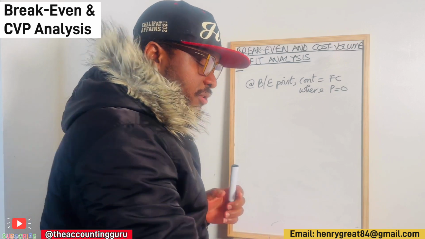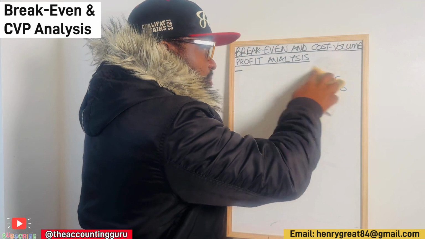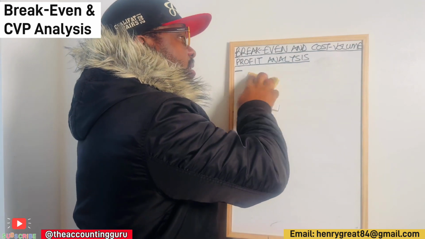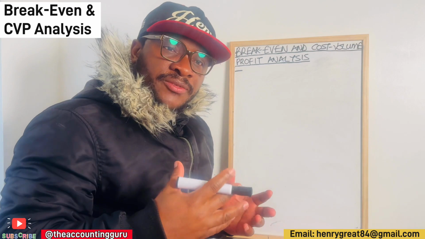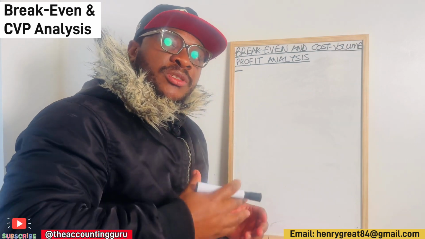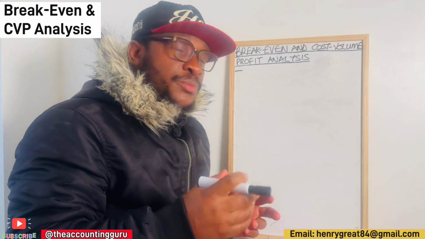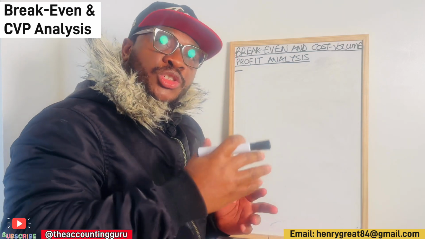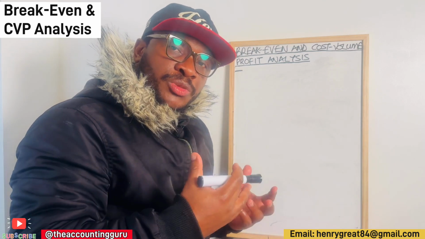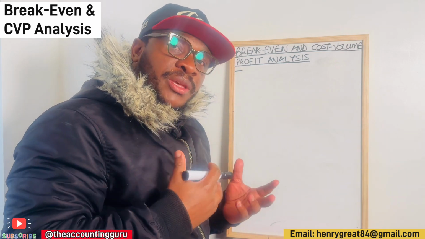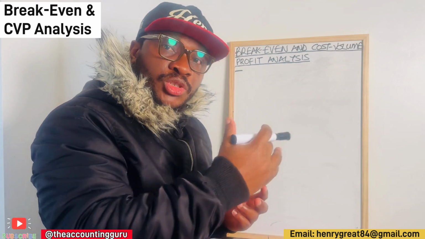Good. So in this video, we shall continue from where we stopped, and what we are looking at here would be the responsiveness or behavior of sales revenue, contribution, and variable cost with sales unit. So how do sales revenue, contribution, and variable cost behave in response to sales unit?